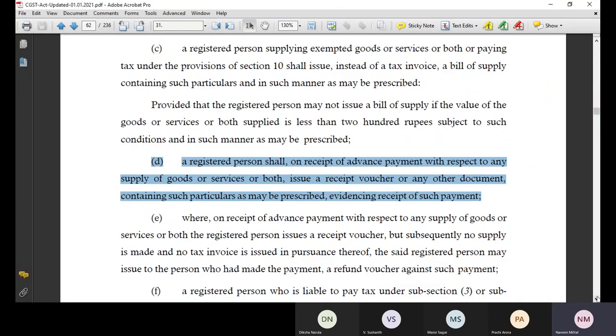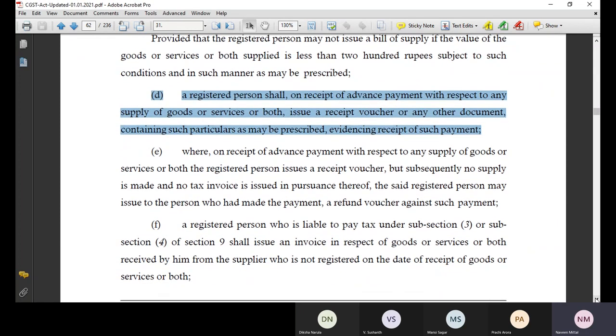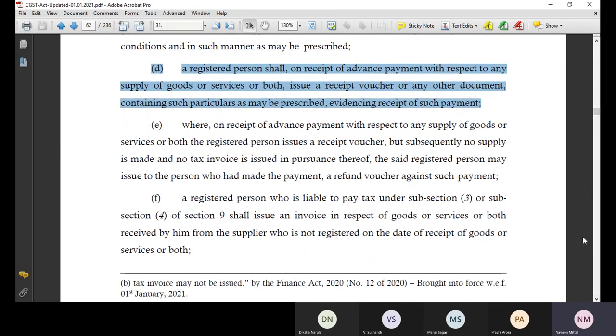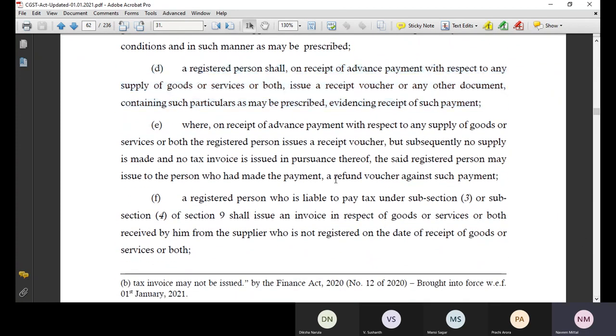Now, this clause E, not subsection E, clause E. Refund voucher. What is a refund voucher? So many times what happens is, I have given some advance to any person. I'm going to purchase a laptop of 1.50 lakh rupees tomorrow. The shopkeeper says, okay, give me 20,000 advance.